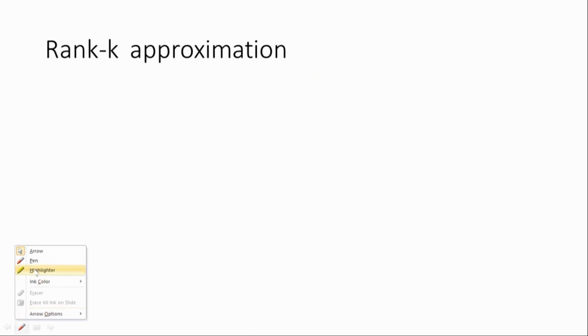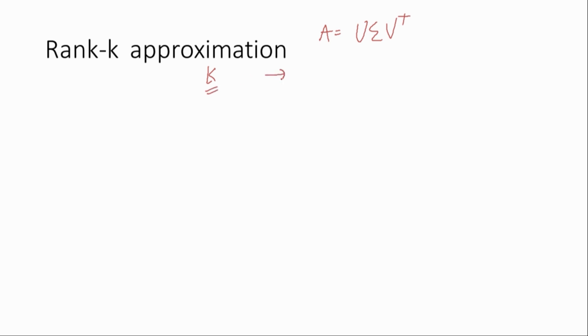Okay, so now let's come to something that comes from the singular value decomposition, right? We said that we are given A equal to U sigma V transpose, and we are given a target K, and we want to say that for each row of A, let's say, find a low dimensional representation.